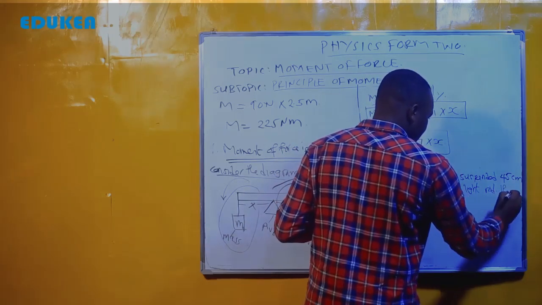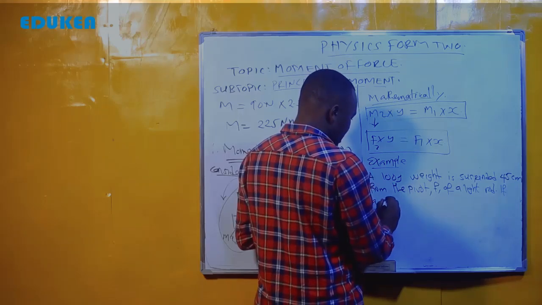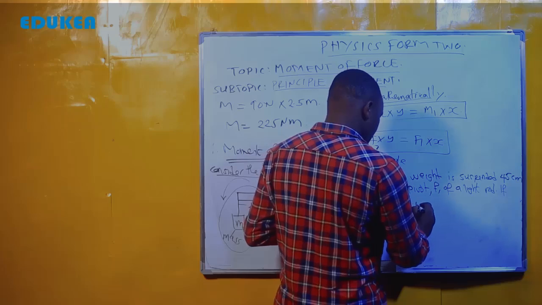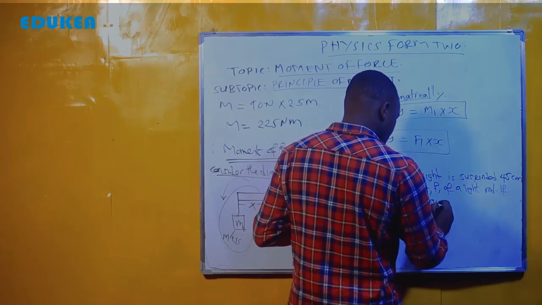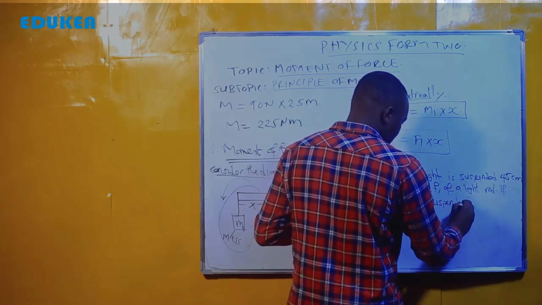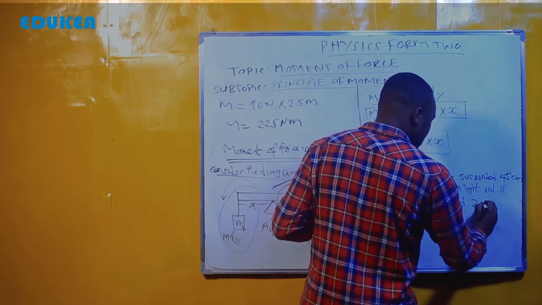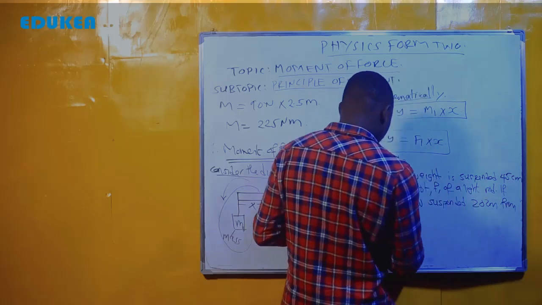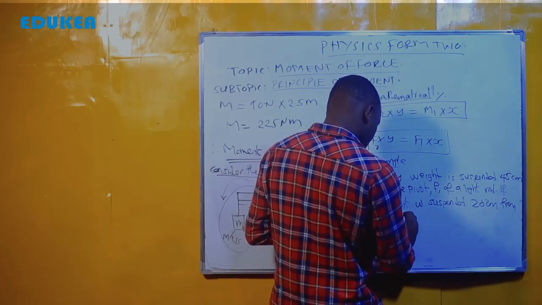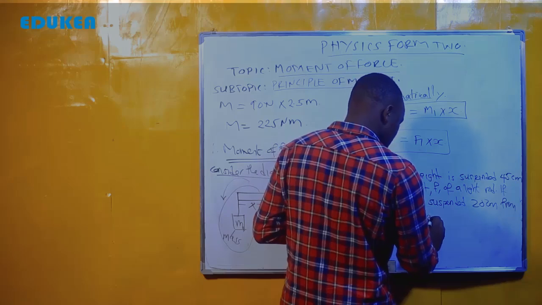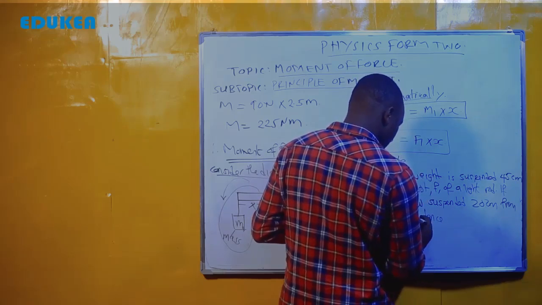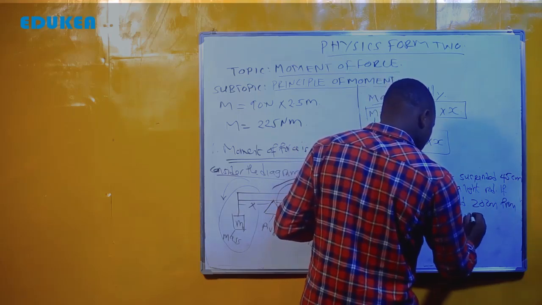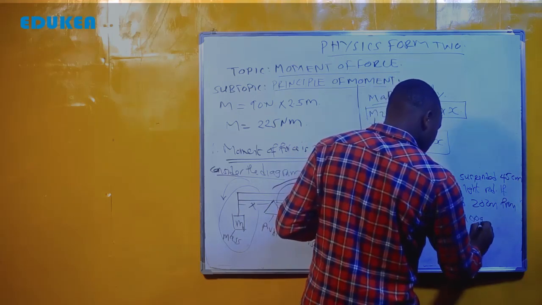If a weight W suspended 20 centimeter from the pivot balances the 100-gram weight.